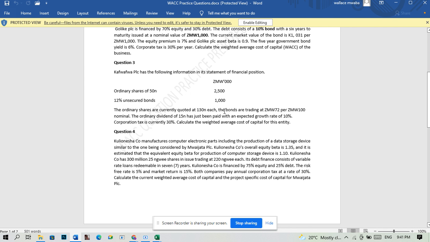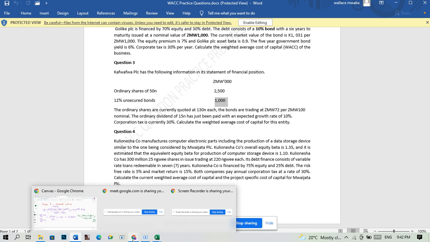Okay, as you can see, the bonds are trading at 72 kwacha per 100 kwacha. So this 72 here is the market price, and the 100 kwacha is book value, and then this 1,000 here is the value of the debt.